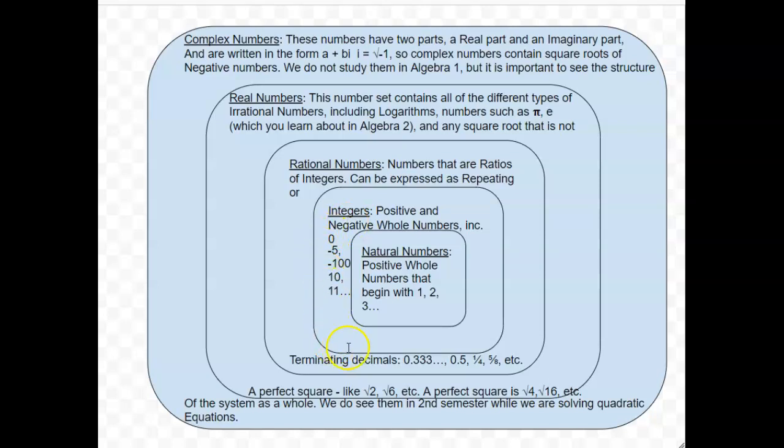But the integers contain numbers that aren't in this box, okay? So that means 0 and all of the negative integers would be in this shell surrounding the natural numbers.